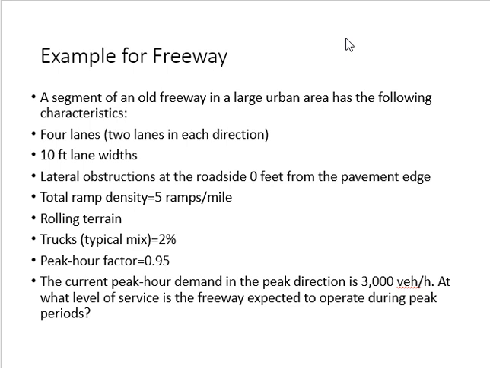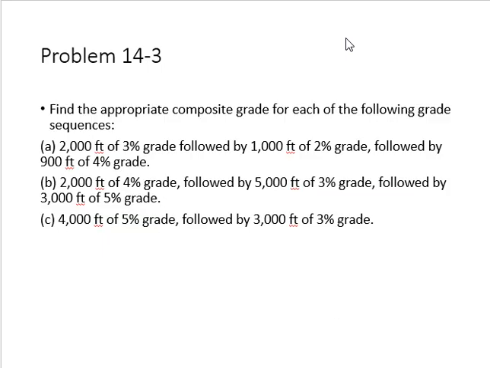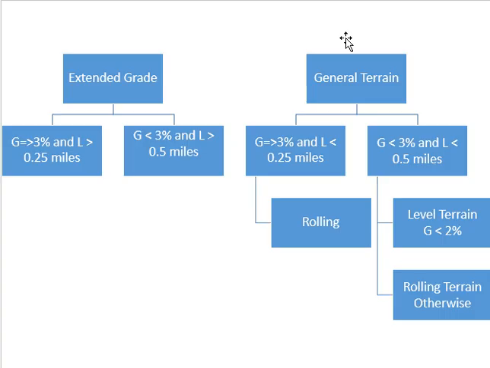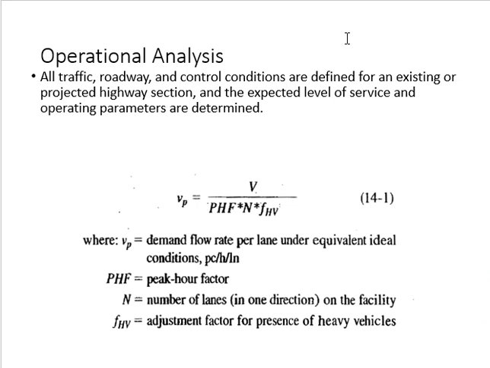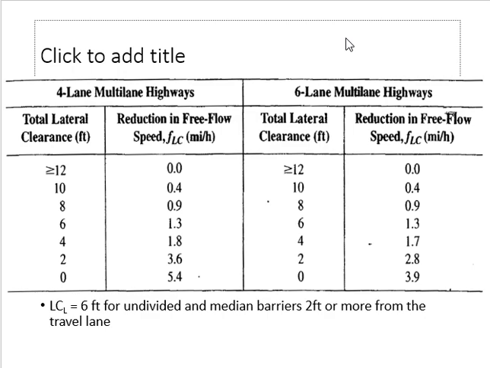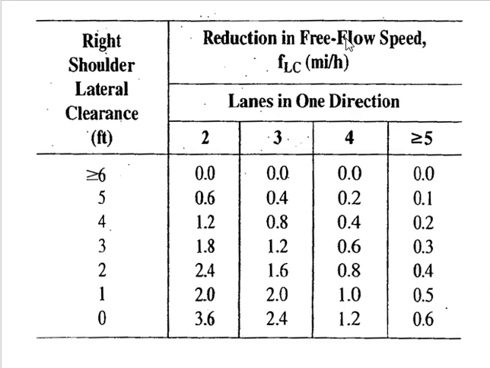How many lanes do I have? 4. So I go there, 0 feet and 4 lanes, meaning 2 lanes in each direction. So my factor is 3.6.